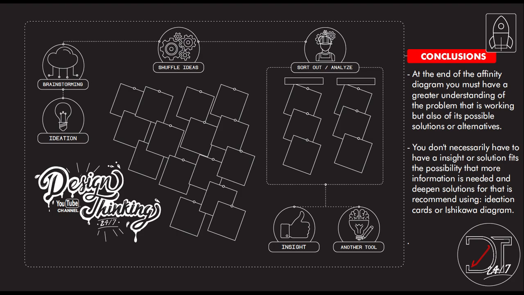There is a big possibility that with this tool you will not fix the whole situation, but you will have a better and bigger understanding and a clear idea of what's going on. You don't necessarily have to have an insight or a solution.